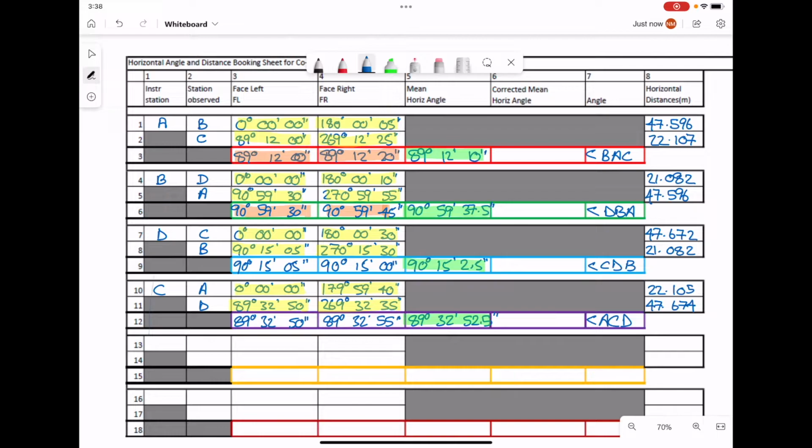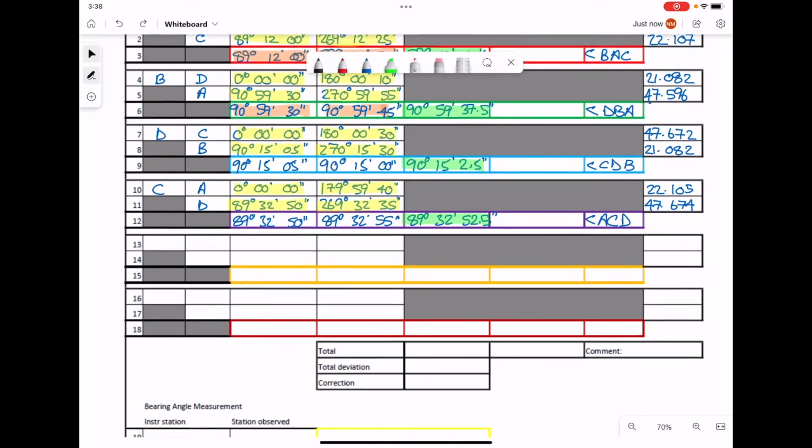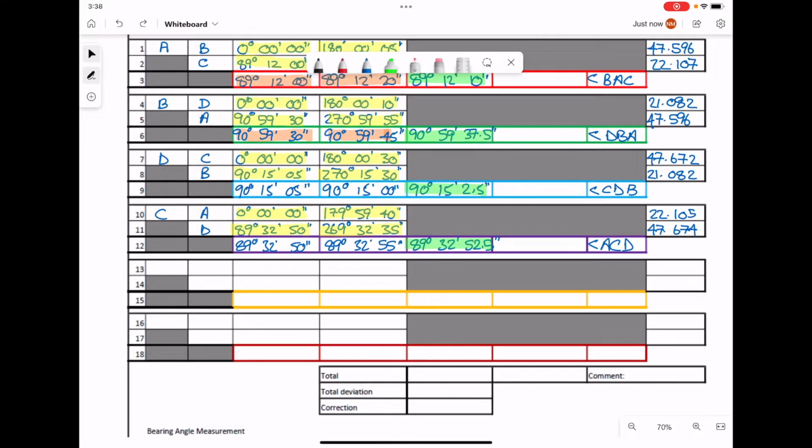However, when we complete our total calculation, adding our 4 angles together, we actually get a total value of 359 degrees, 59 minutes, 42.5 seconds.